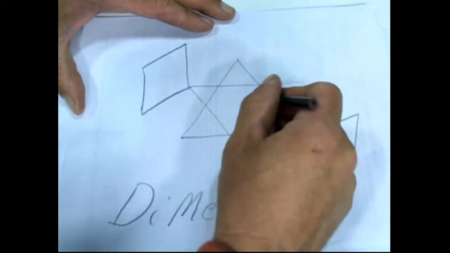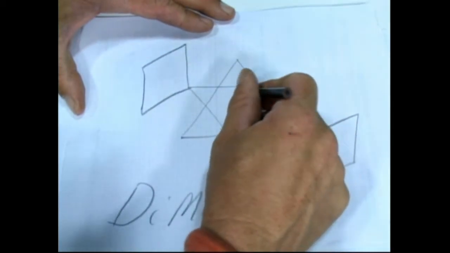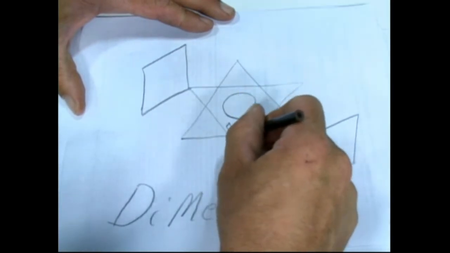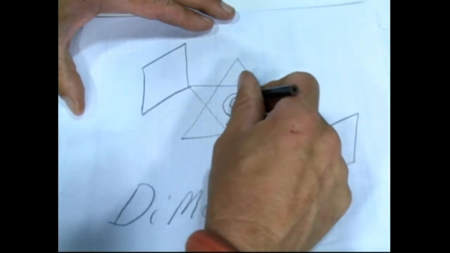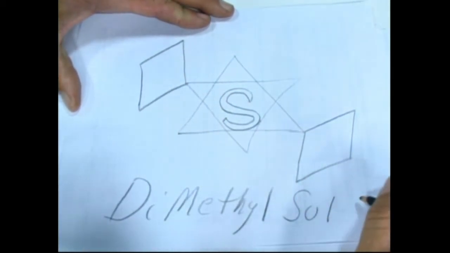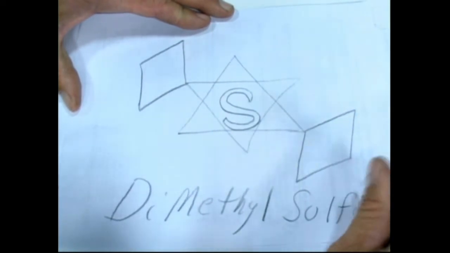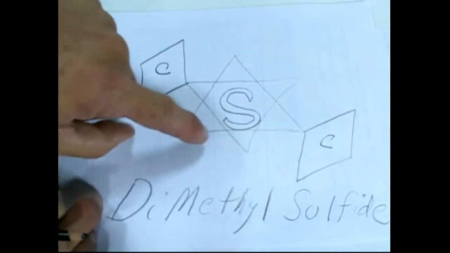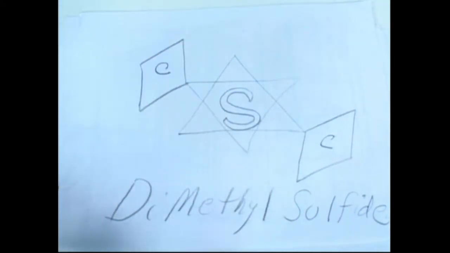This is dimethyl. Di means two. Sulfide. Color out an S here, this would be like Superman here. Dimethyl sulfide. So that's a carbon. It's a carbon. These are lone pairs of electrons, so they're going to be fine the way they are.